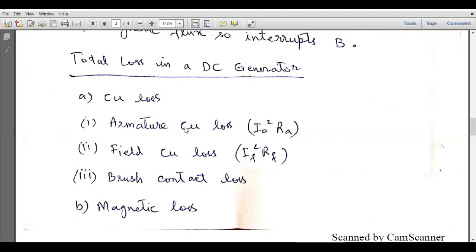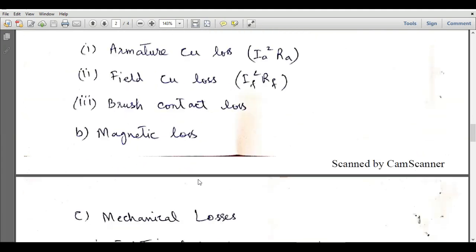Armature winding is made of copper material. Similarly, field winding is also made up of copper material. So the losses in the armature and field windings are called armature and field copper losses respectively. Similarly, this is a very small loss which occurs across the brush contacts.